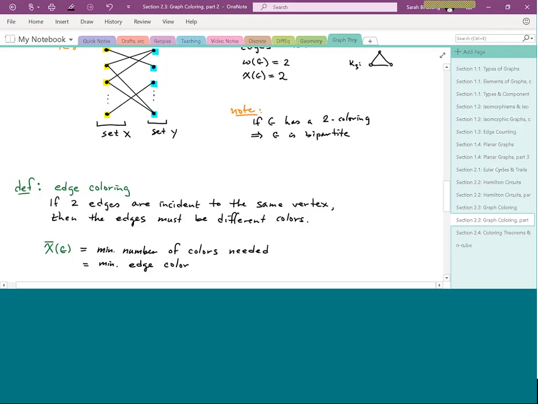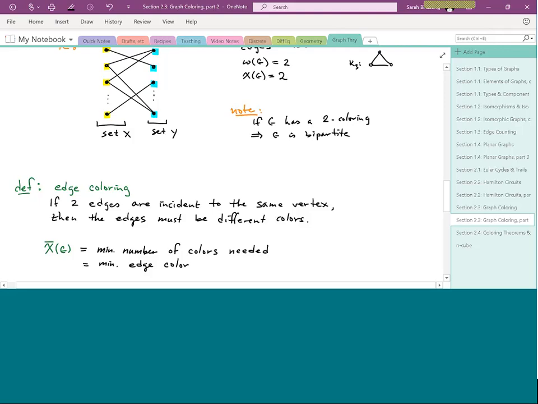And I'll show you the degree trick that we typically use with edge coloring. But yes, the omega of G with respect to vertices doesn't tell you everything, but it gets you close. It's talking about how many colors are all really close to each other.